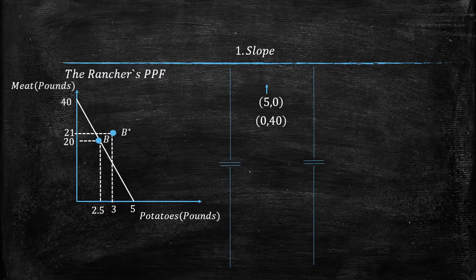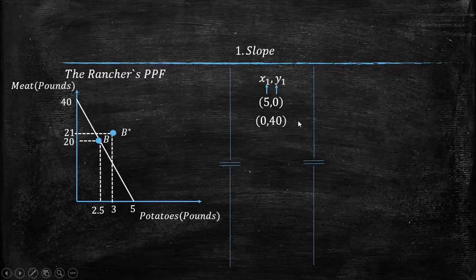First, this is going to be the last result, the B star, where the rancher is going to be better off. But how do I get these numbers? First, this is the production possibility frontier, for which I just need 2 pairs of points: 5, 0 and 0, 40.